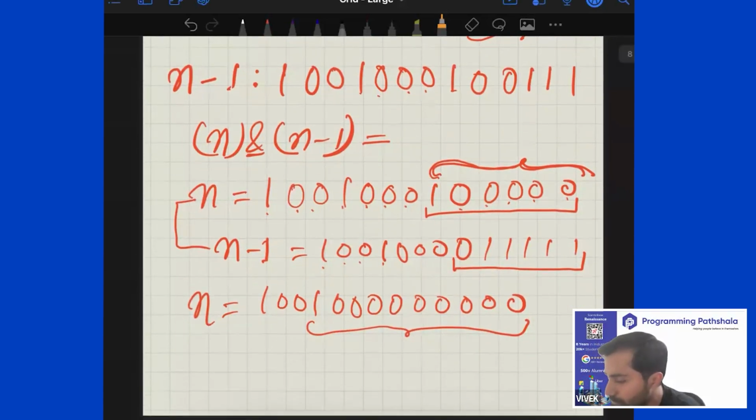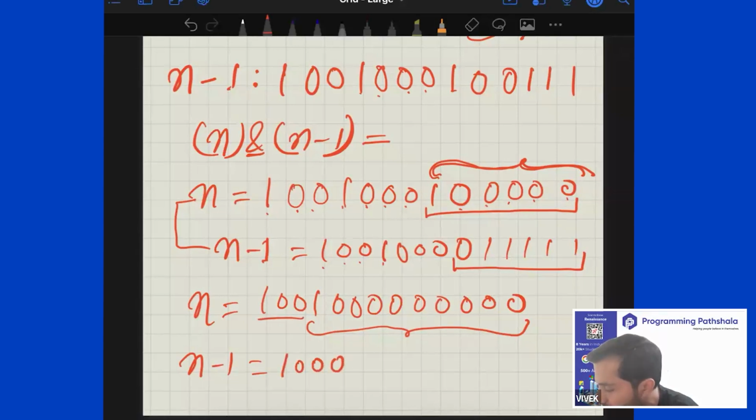So if you do n minus 1, this tail is going to rupture. What I mean is that all these things will remain intact, and this thing will become 0, and everything else will become 1, nine times 1.